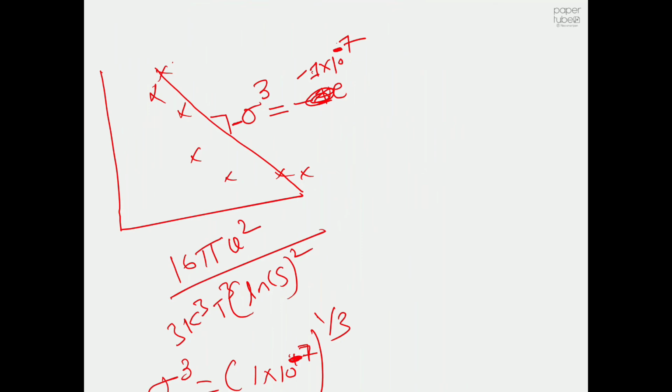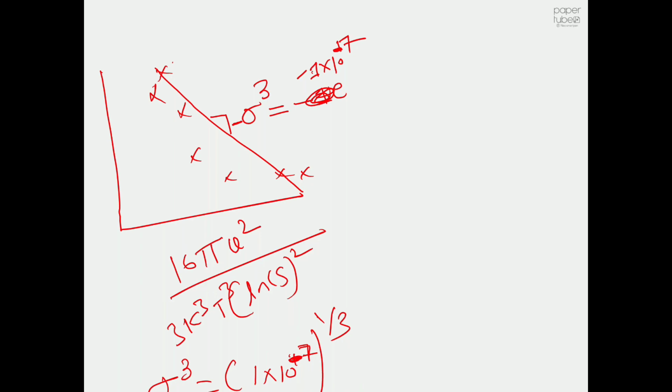No, I think I got a value of minus 1 plus 7. Let's calculate it one time using my calculator. There is something wrong in this calculation, getting some wrong numbers. 16 pi k cube T cube into ln of S square.